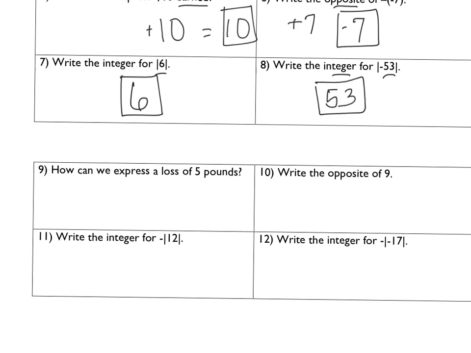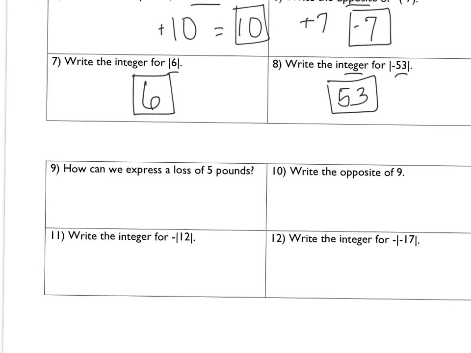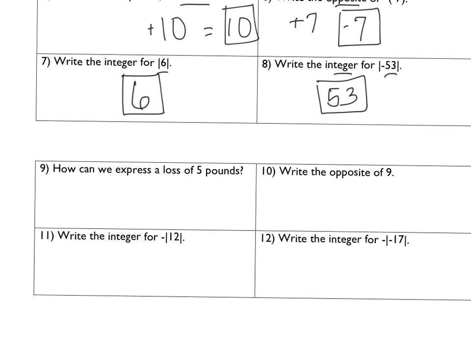Number 9, how can we express a loss of 5 pounds? Loss means we're taking away, so a loss of 5 pounds would be expressed as negative 5. Loss being the important word. Write the opposite of 9, so we have 9, and its opposite on the number line is negative 9.